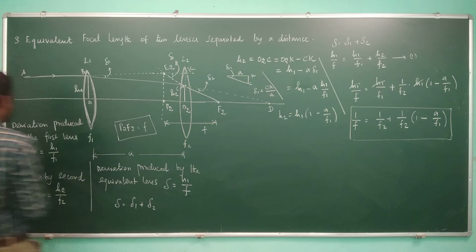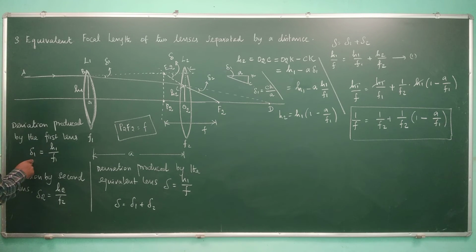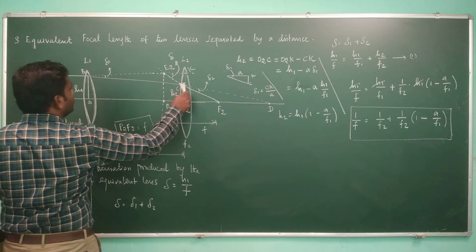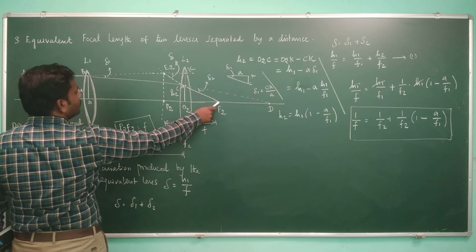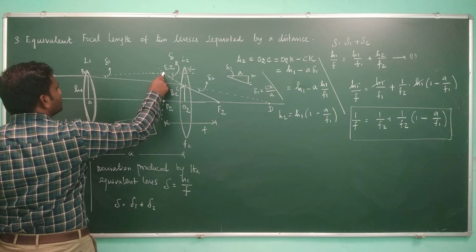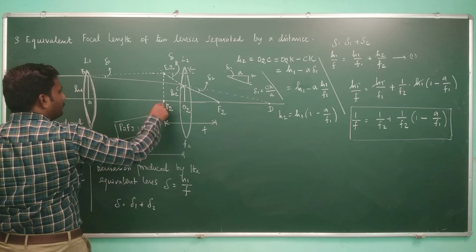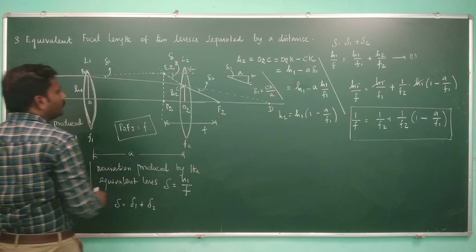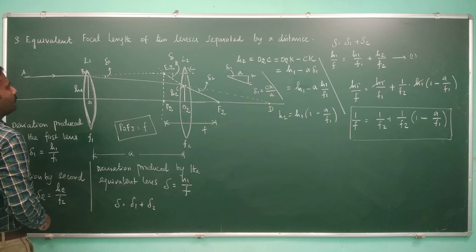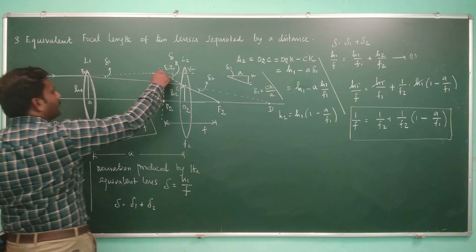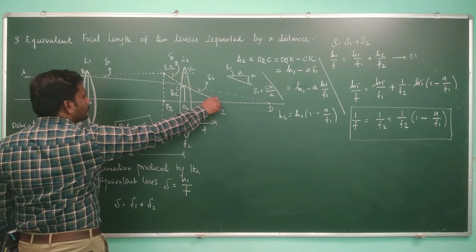Now we are writing the deviation produced by the first lens as delta 1, which is h1 by f1. For second lens, delta 2 is h2 by f2. Now we are extending this incident ray horizontally in the forward direction, and similarly we are extending this image ray backwards, so both meet at E2, and we are drawing a plane and it touches the point P2 with the optical axis, and the E2 P2 is the plane where if you have a light ray that gets refracted, within single refraction it touches the point F2.